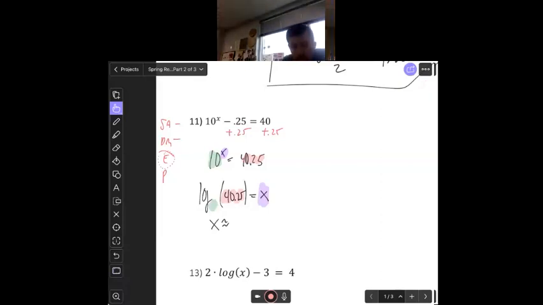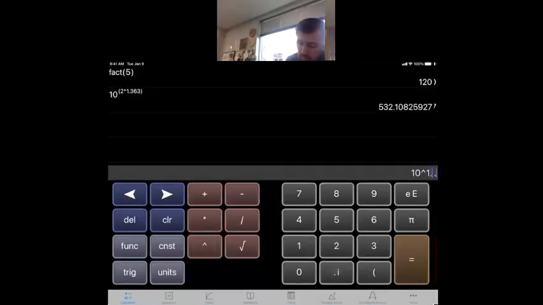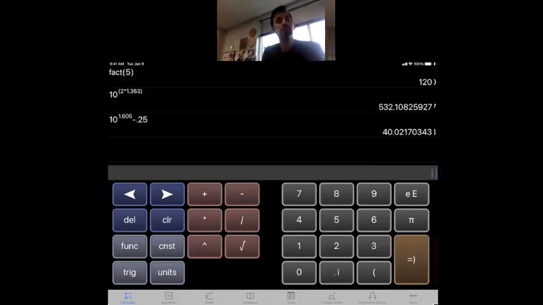Again, you can just type that real quick in. 10 to the 1.605 minus 0.25 gets me really close to 40. Okay, so, looks good.